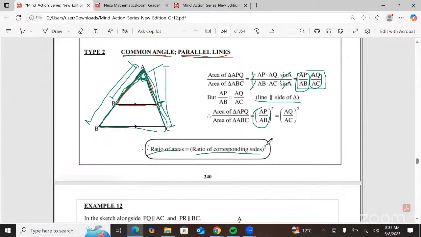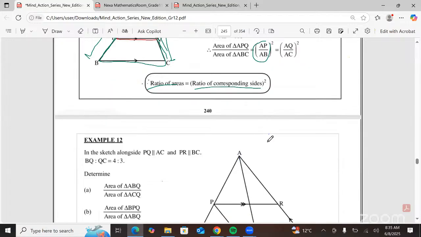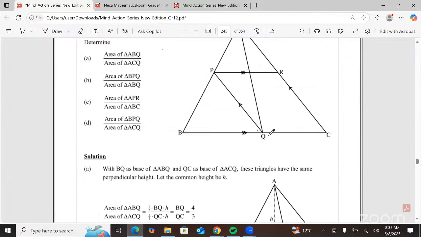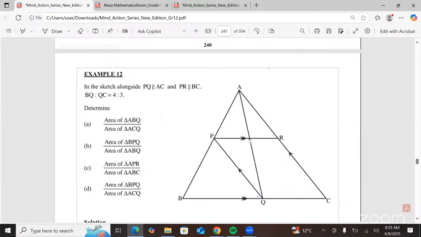Let's go to this example. Let's first read the statement. They are saying in the sketch alongside, PQ is parallel to AC. Okay, this is important. Proportionality somewhere might apply.